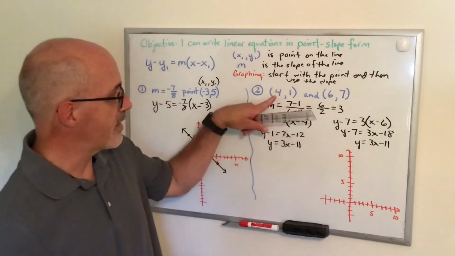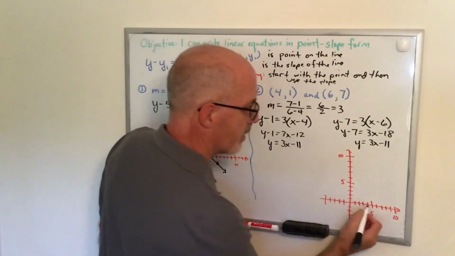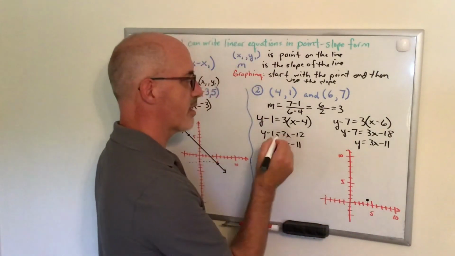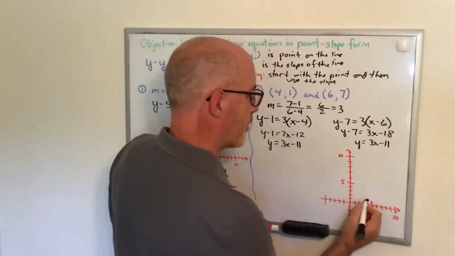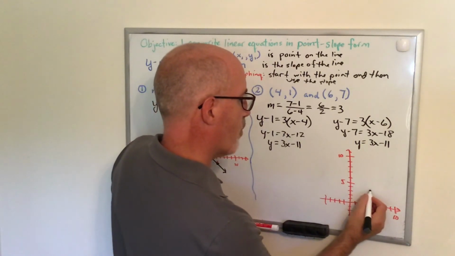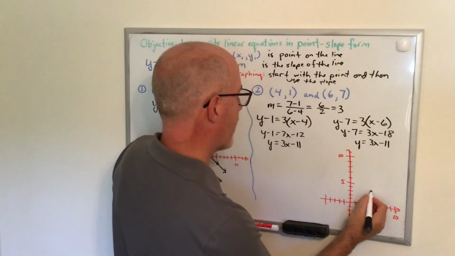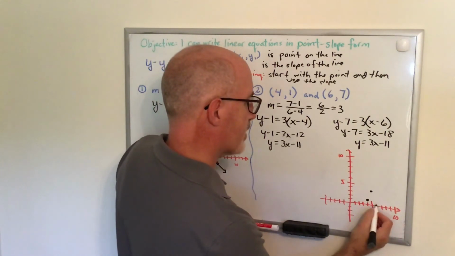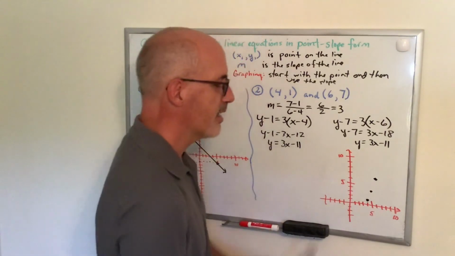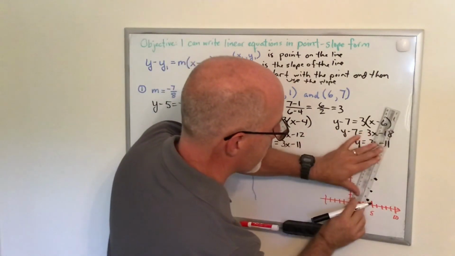Let's plot this point here, 4, 1. It's right there. On this one, using the slope of going up 3, so if I go up 1, 2, 3, over 1, I go right about there. Notice that my point 6, 7 is right on that line. So both points are on that line.